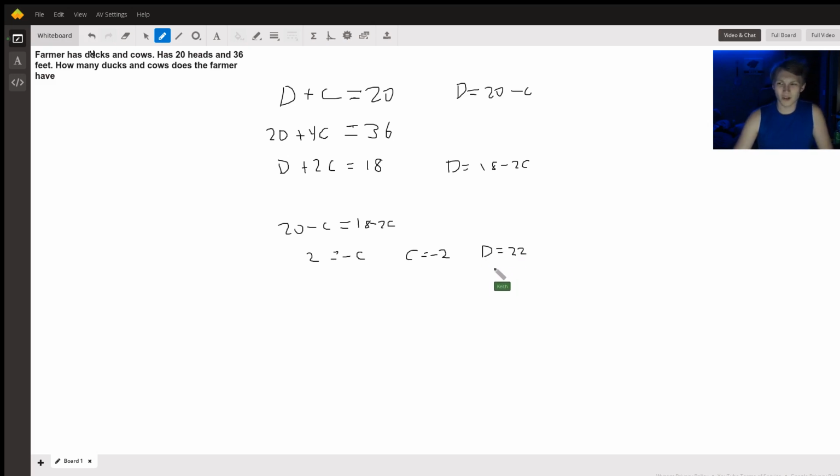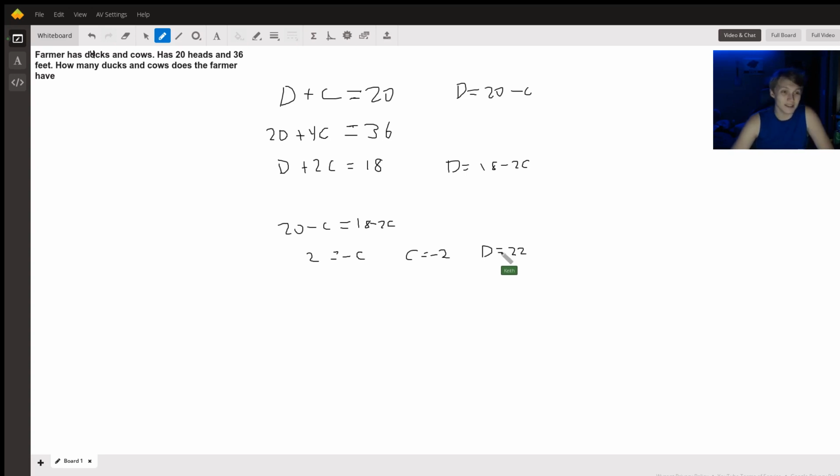Let's check this and make sure that these numbers are right. These are linear systems of equations, so there can only be one answer to this problem. So we'll check it. If you have 22 ducks and negative 2 cows, you have a grand total of 22 minus 2, 20 heads. So that checks out. And if every duck has 2 feet, that gives us 44 feet for ducks.